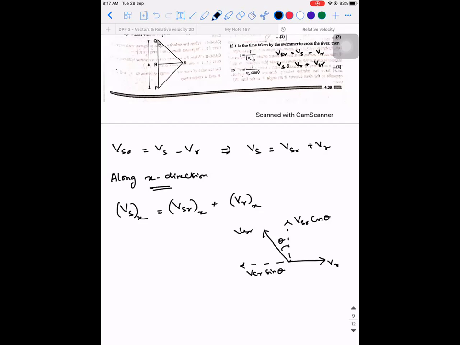Correct? Now observe. When I write velocity of swimmer along x direction, what is the velocity of swimmer with respect to river along x direction?